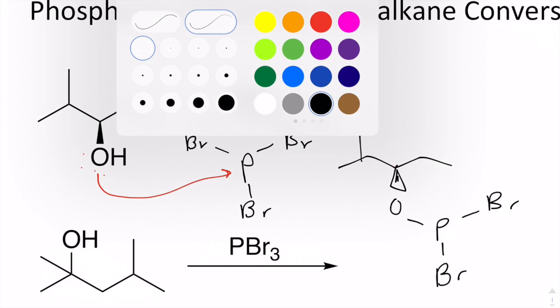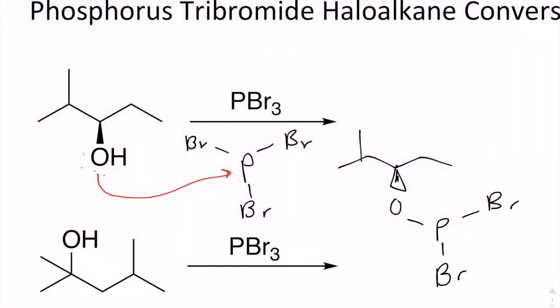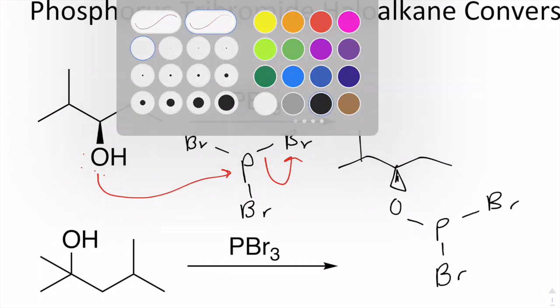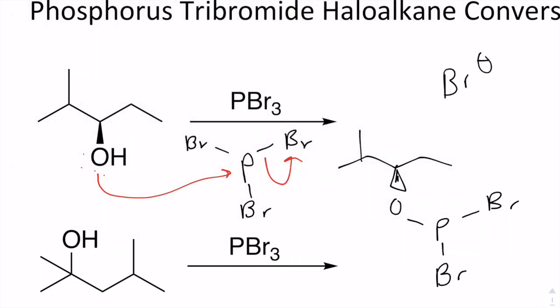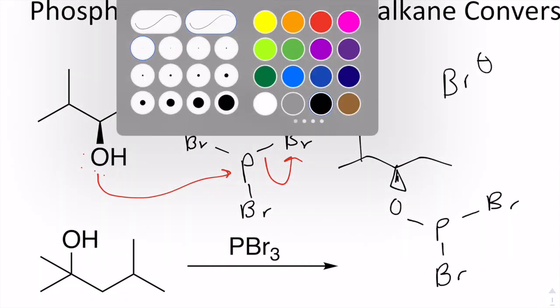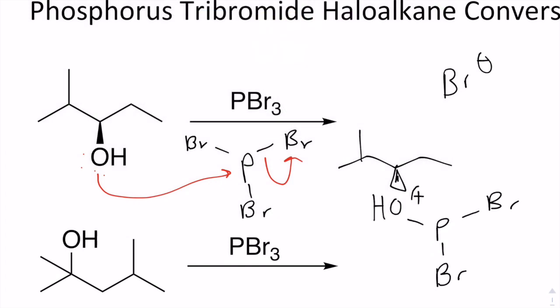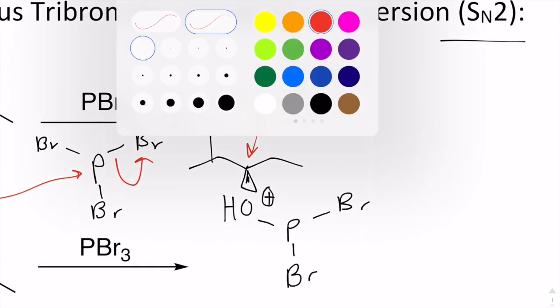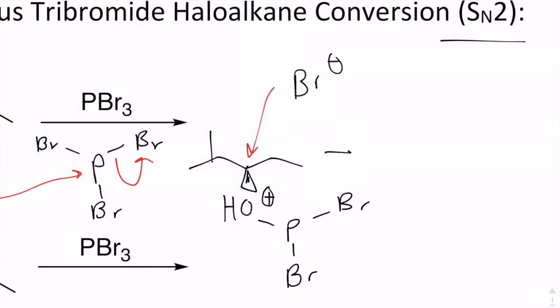Okay, and don't forget that we exceeded phosphorus's octet at that position, so we generated a source of bromide as well. And don't forget we have a protonated alcohol to start with. Then that bromide is going to do an SN2 reaction, an attack from the dash configuration to kick off that leaving group.